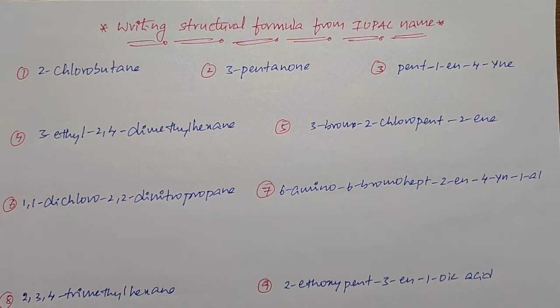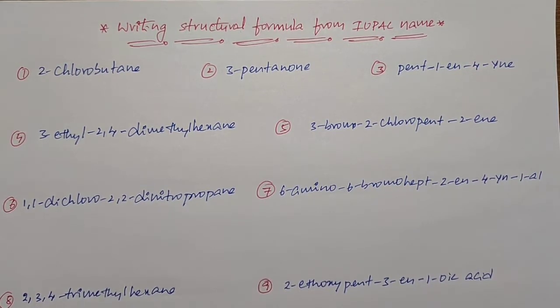So we keep all the substituents, functional groups, secondary functional groups, or branches at the proper positions given. Based on these key points, we can write the structural formula of the compound from the name.